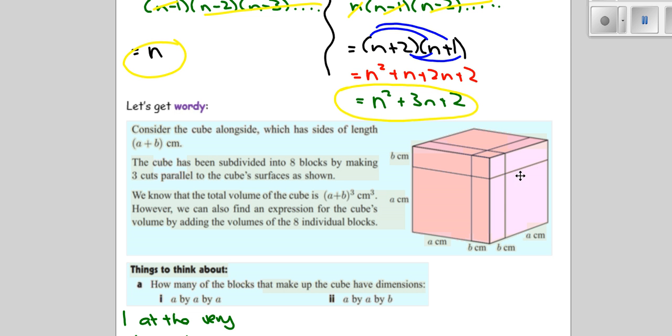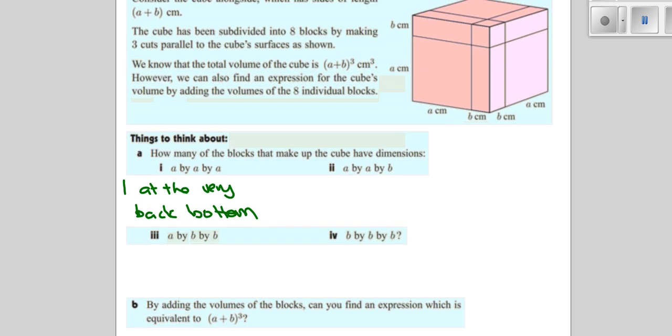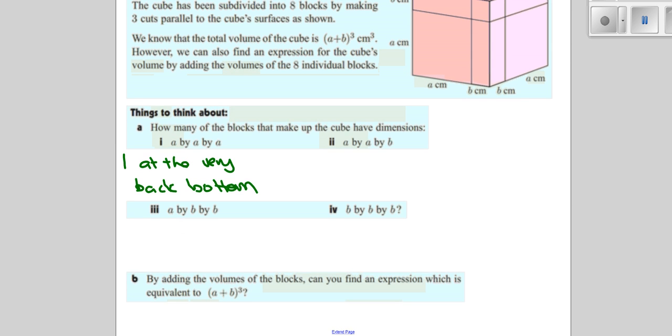Will there be one at the back as well? You got 3? The ones at the back are going to be a by a at least. The one at the back bottom is the a by a by a. So would you agree it's this one and this one? Yep. Maybe as a note we can shade them, this one and this one.